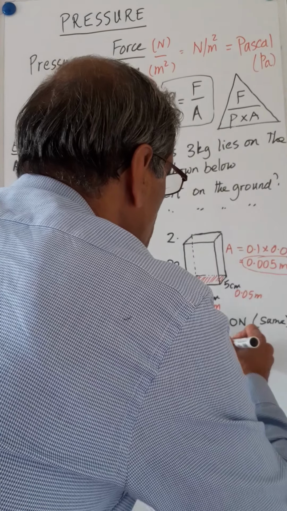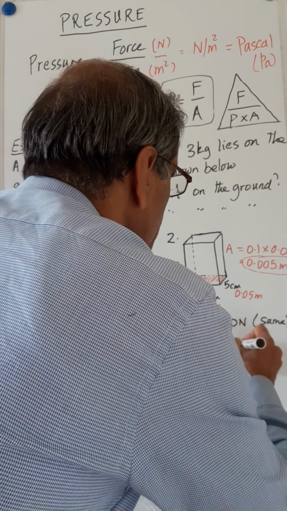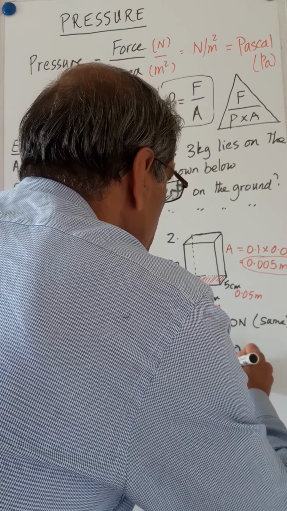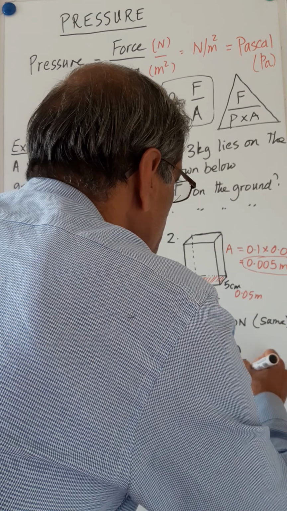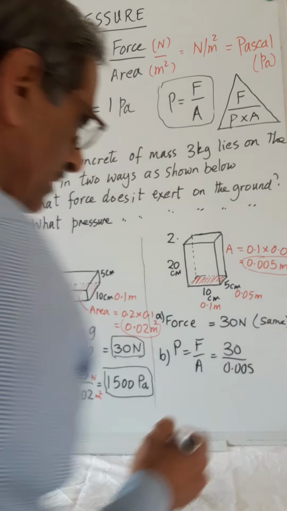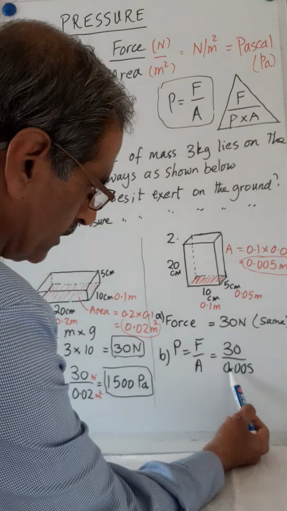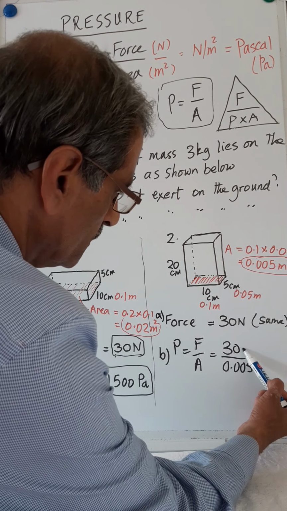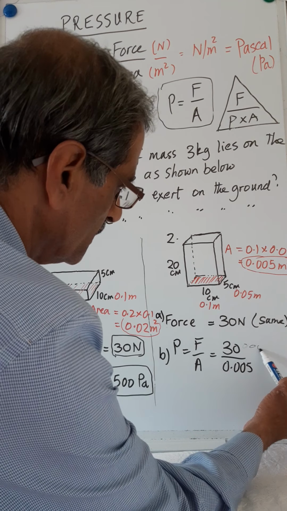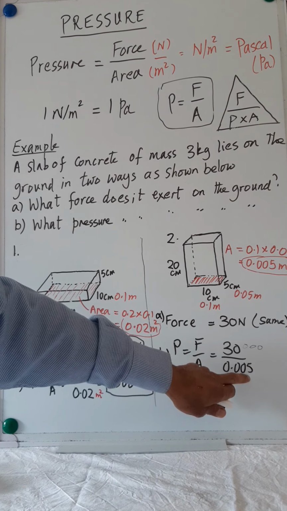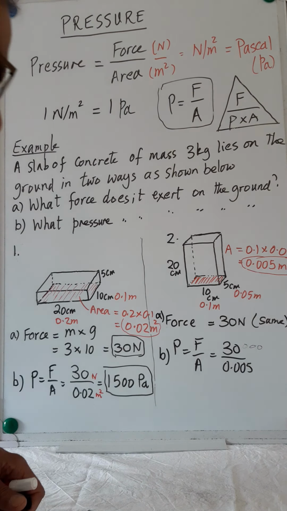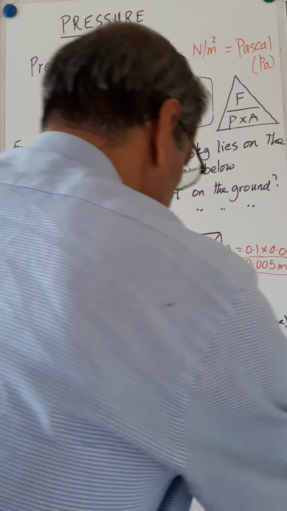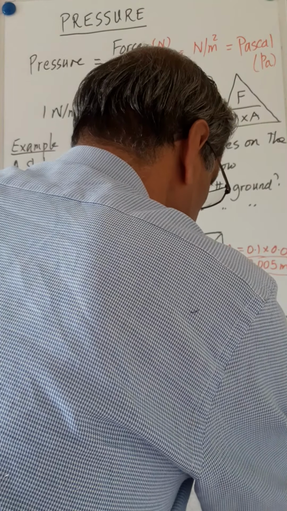So pressure equals 30 divided by 0.005. If I move the decimal point 1, 2, 3 places, you add 3 zeros. That's 30,000 divided by 5, which is 6,000.